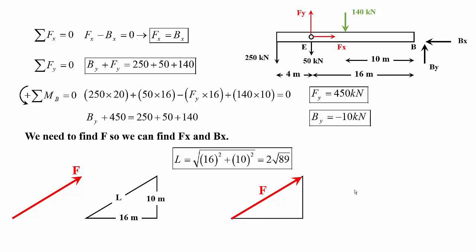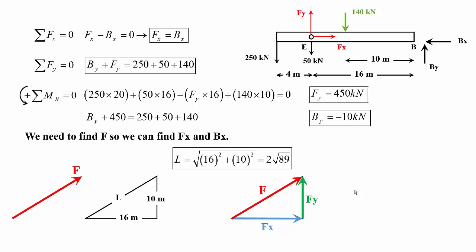Again, I have this F. I want to resolve it into Fx and Fy. If I know theta, which is between, for example, Fx and F, Fx is going to be F cosine theta, and Fy is going to be F sine theta.